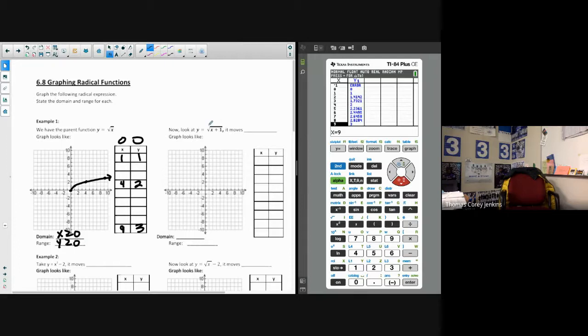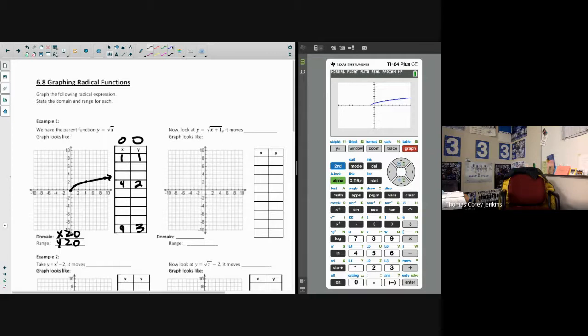So y equals the square root of x plus 1. I'm just going to take what I've already typed and arrow over and add a plus 1. Looking at my graph, it looks like pretty much the exact same shape except shifted left 1, right?